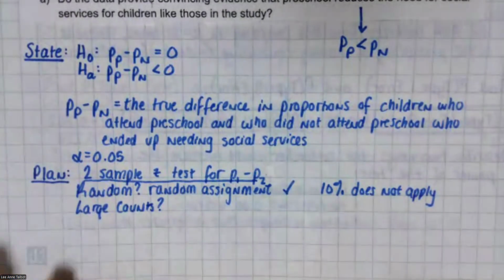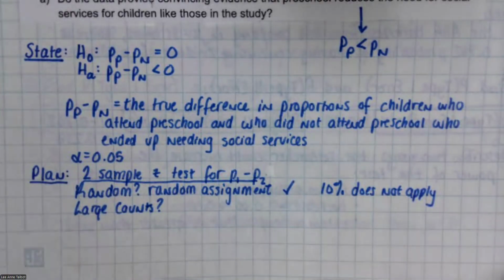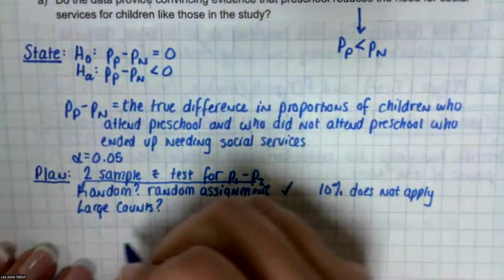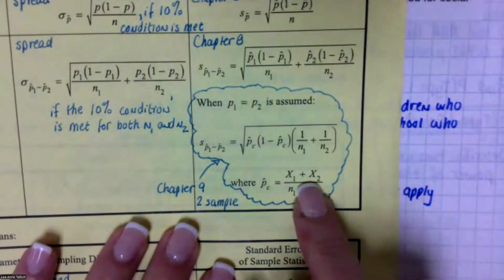Okay. So large counts. So this is the first time that you've done the P hat C. C stands for combined. So grab your formula sheet. It says P hat C is the combined proportion. These X's are the successes.